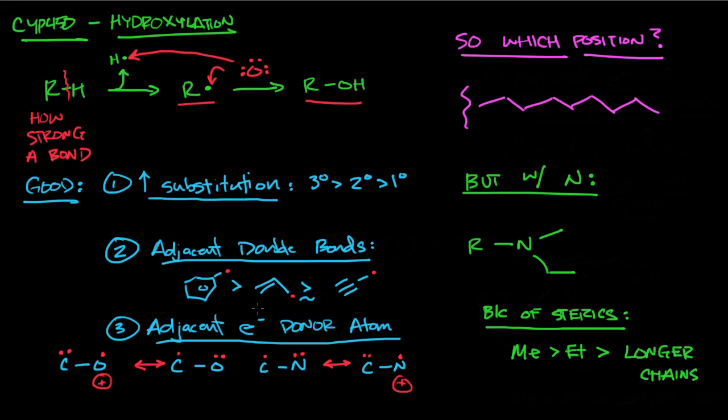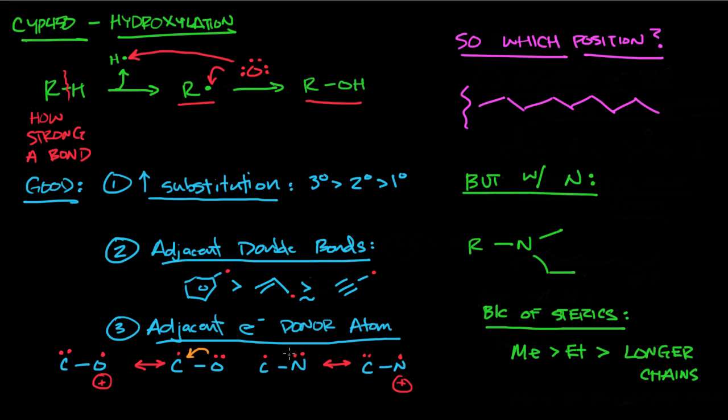And then the last thing that tends to be good is adjacent electron donor atoms. I see this with oxygen. I see this with nitrogen. I think of an adjacent oxygen or an adjacent nitrogen as being an activator of a carbon for hydroxylation. And the reason behind that, as we can see, I already drew the resonance structures. You can donate the electrons from the oxygen or from the nitrogen to help stabilize the radical.